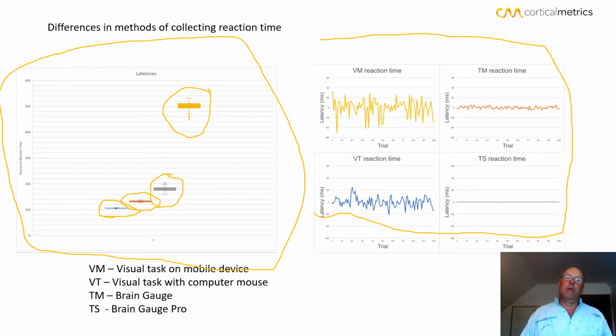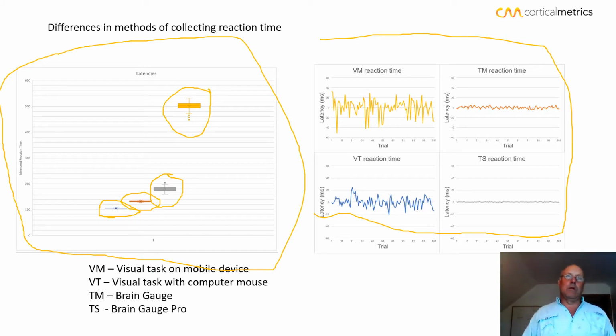Now, these variabilities that were introduced for these other methods range from 70 to 370 milliseconds, and when we see things go wrong neurologically, it's usually in the 20 to 30 millisecond range. So if you get up well over 20 milliseconds, then there's something wrong.